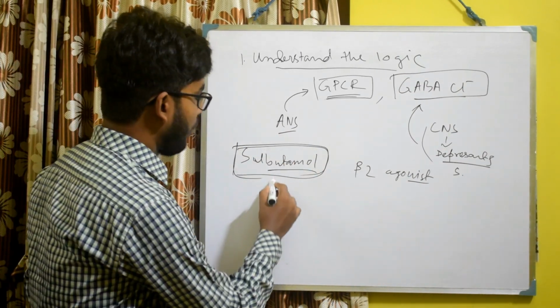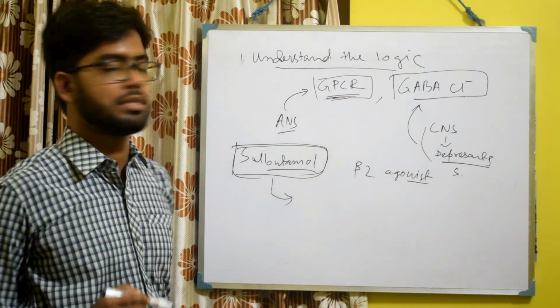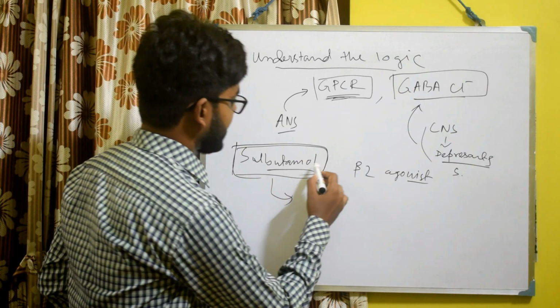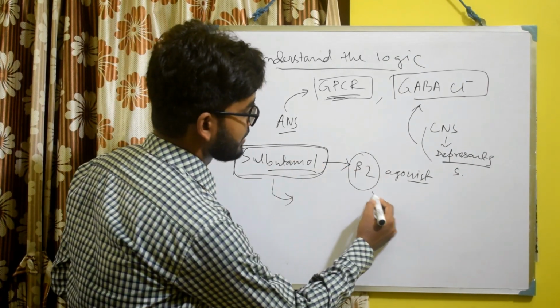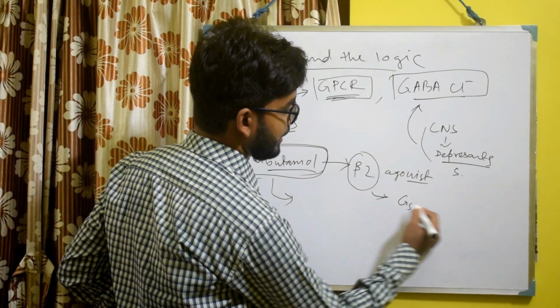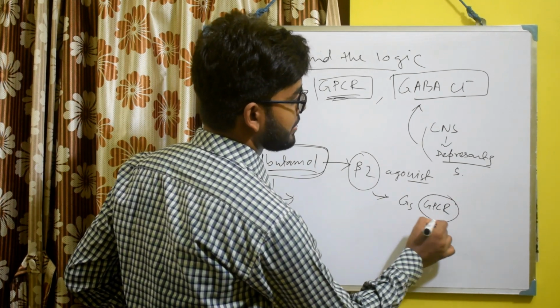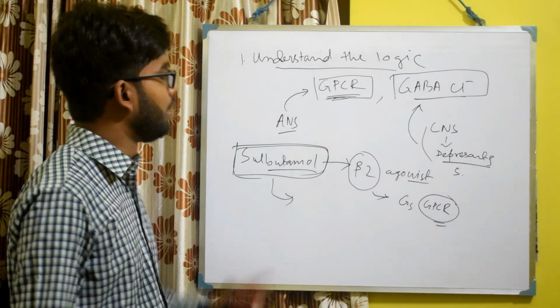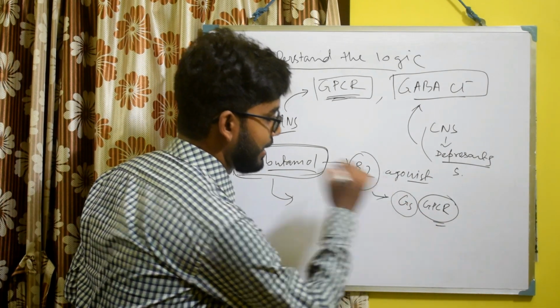How should you know? You know the GPCR pharmacology. Salbutamol acts through the beta 2 receptor, and the type of beta 2 receptor is a Gs subtype of GPCR. Basically this is a G protein coupled receptor with Gs subtype.